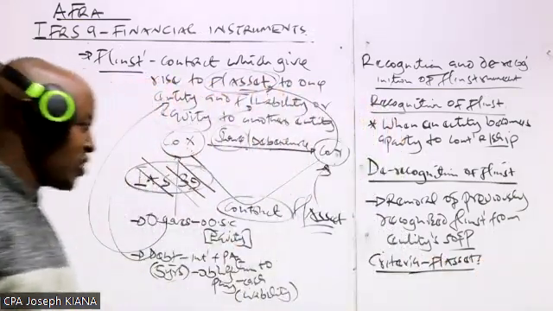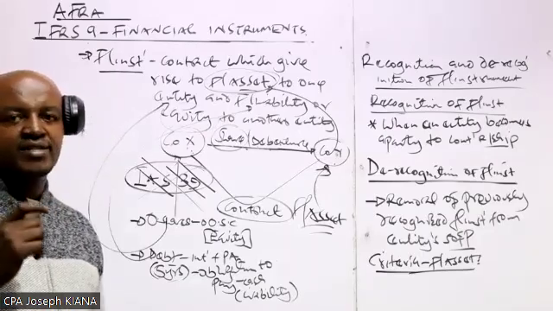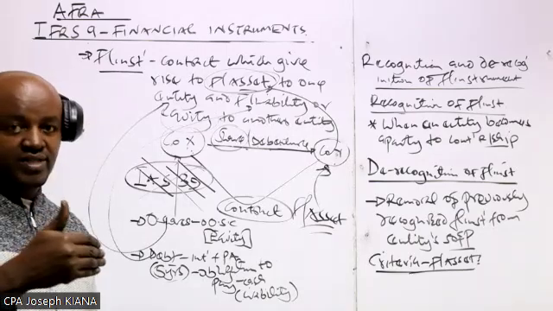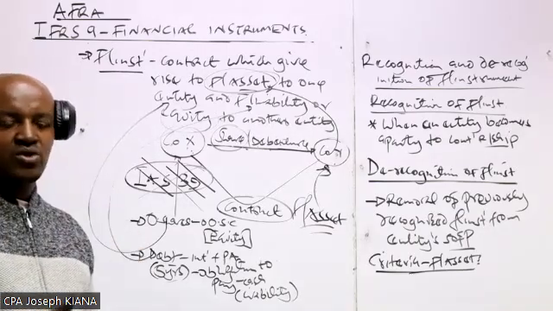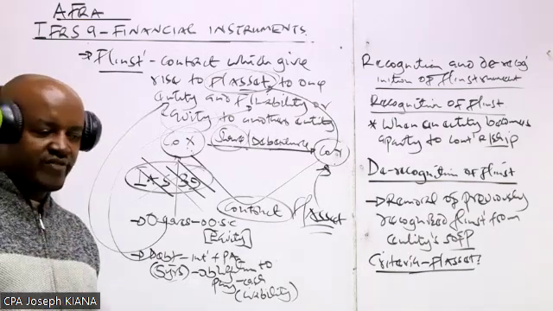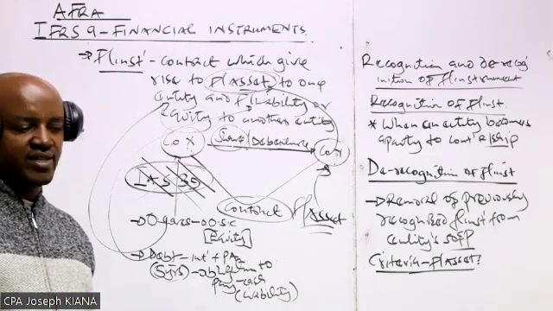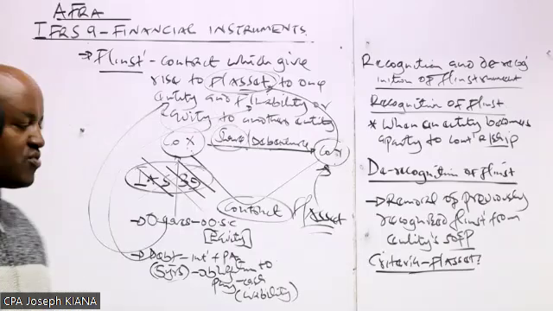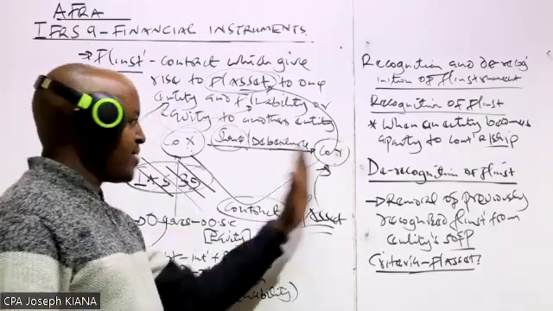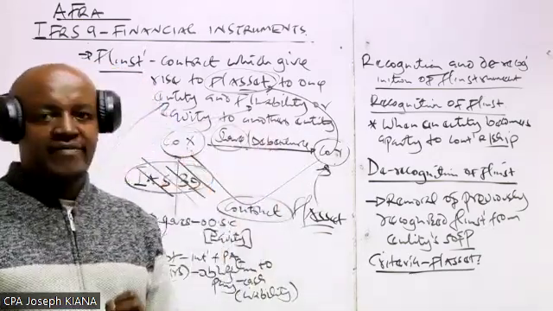And in this case, when we talk about a financial asset, what should come into your mind very fast is that here we are talking of investment in shares. We are talking of investment in debt instruments. Once you have invested in shares, once you have invested in debt instruments, what is that to you? It is a form of financial asset. So that's what you should remember very fast anytime you hear the words financial asset. Once company Y has invested in shares or debentures, then that is a financial asset.